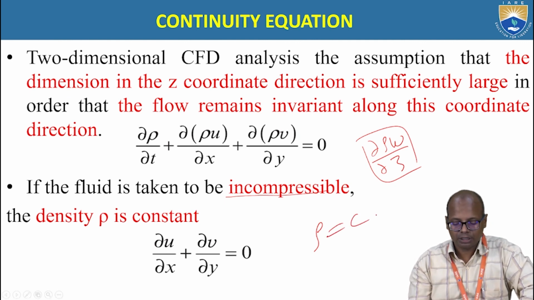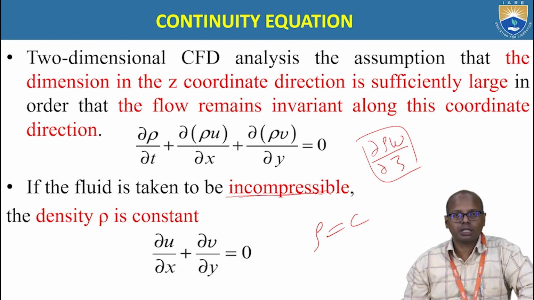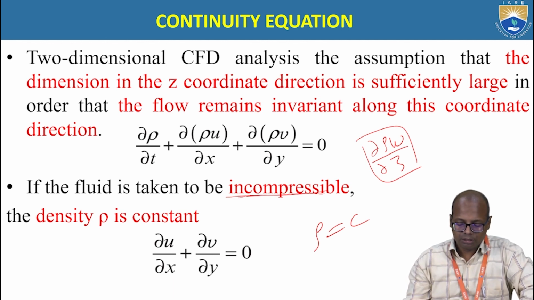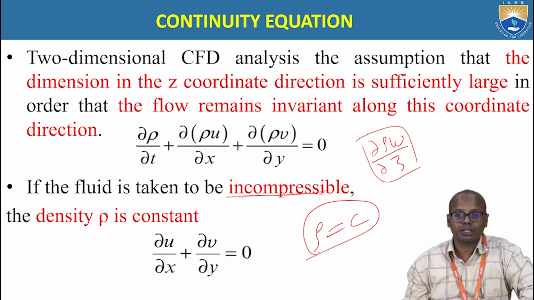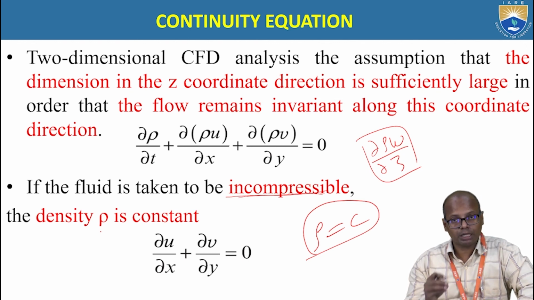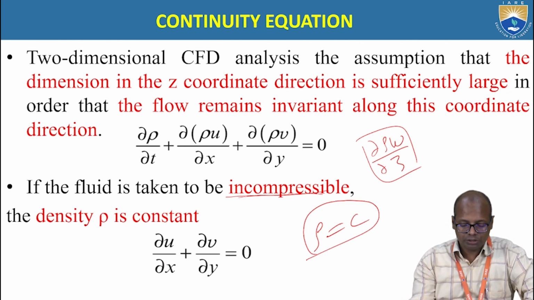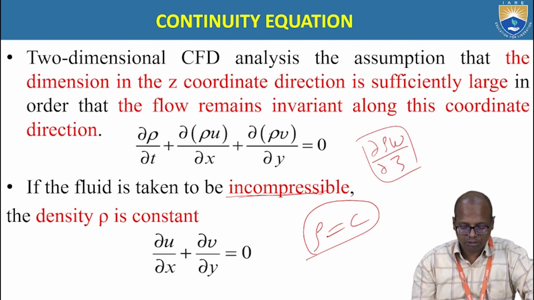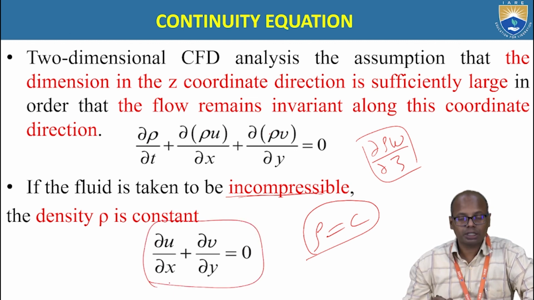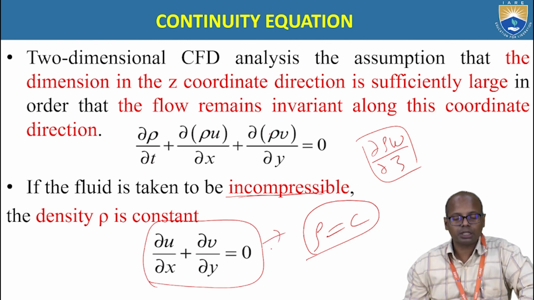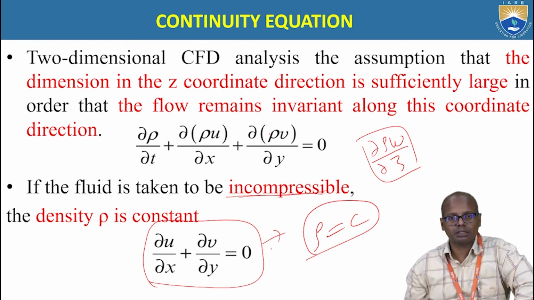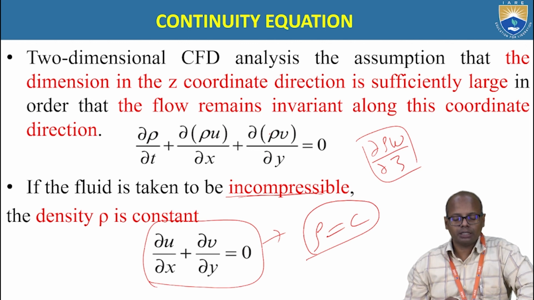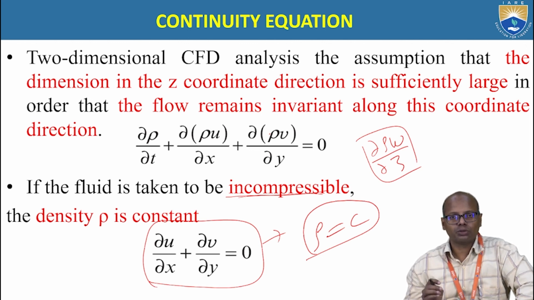Density is constant means incompressible, and it is not changing with time as well as space. So it is constant in all 3 places. I am taking out the constant and equating. This is the 2-dimensional continuity equation for an incompressible fluid.